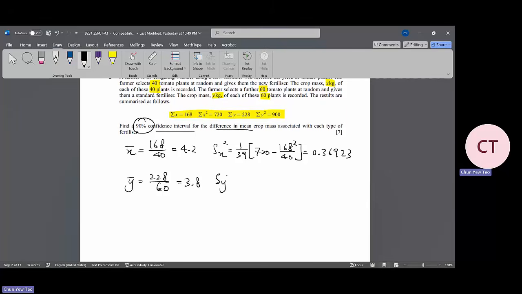Then sy squared is 1 over 59 times (900 minus 8 squared divided by 60). Again, press the calculator, give the answer in 5 significant figures or 5 decimal places, that is fine. So you get 0.56949.